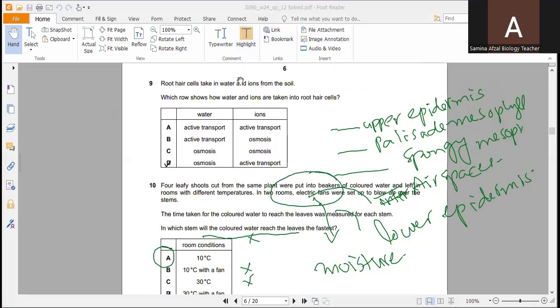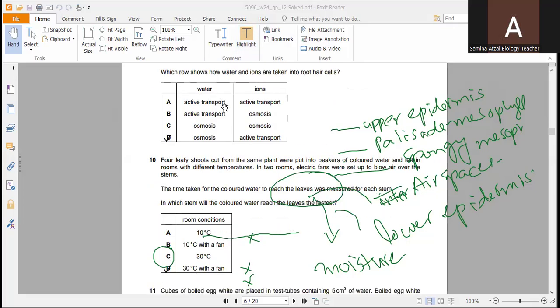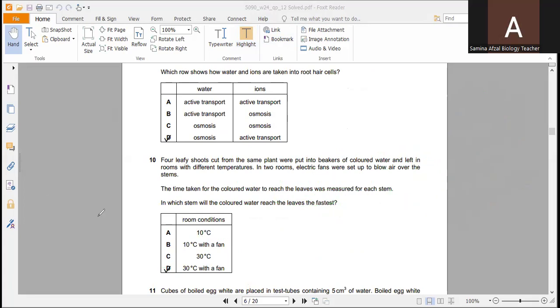Next question, number 9. Which row shows how water and ions are taken into the root hair cells?